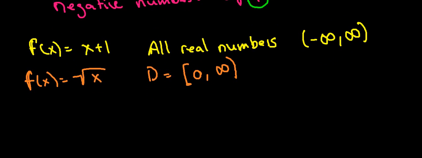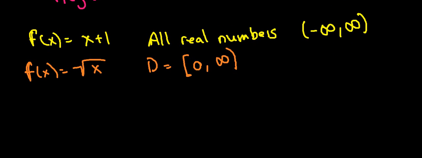And let's do one more example where we get a 0 in the denominator. So let's say we have f of x is equal to 1 over 1 minus x squared. So here we have a situation where we can possibly have a 0 in the denominator.